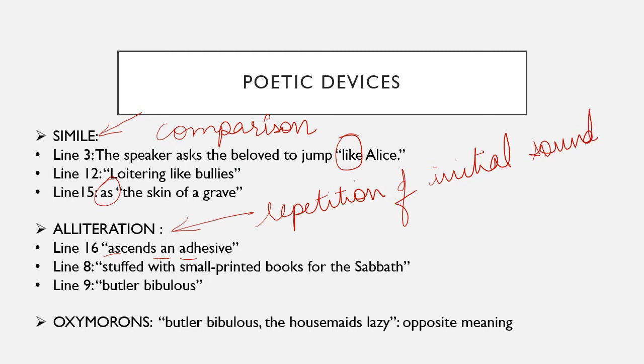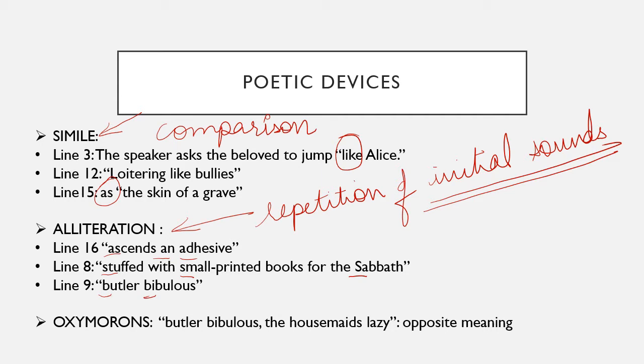In a poem, when initial sounds of words which come together are the same, or repeated, then we call it alliteration. Just like here, so, and so, stuffed with small printed books for the Sabbath. Here, burr and burr, butler bibulous.